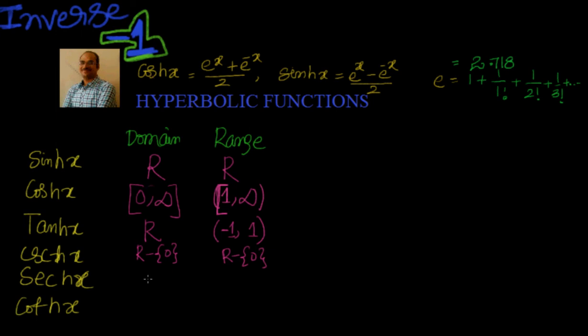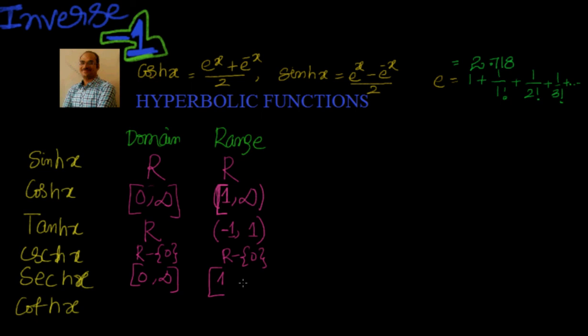And the values of secant hx we have seen: the max value it can go is 1, and it will try to reach 0. So 1 in square brackets. Or I can write it in the reverse way, in ascending order, 0 to 1. That is how it goes.